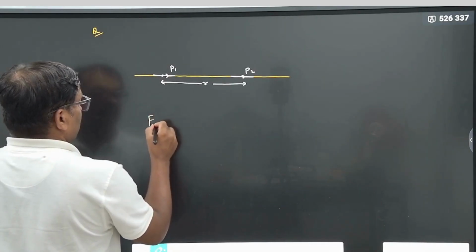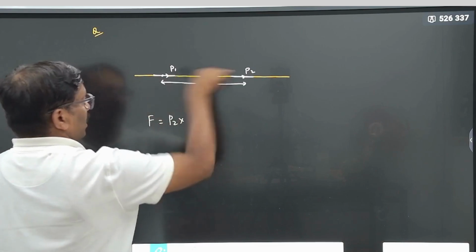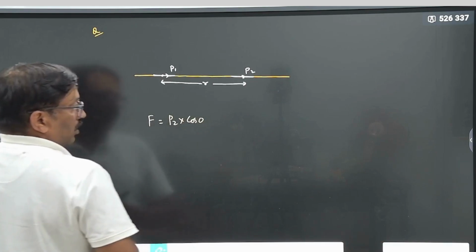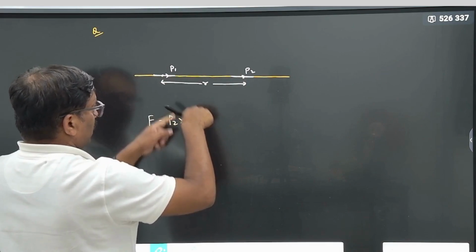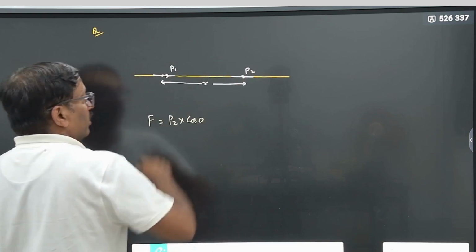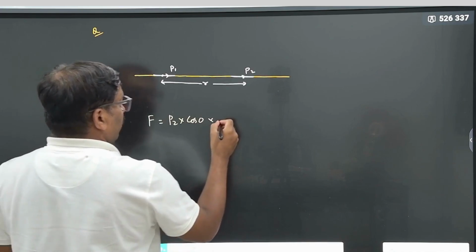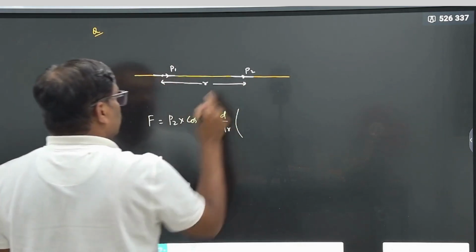Force acting on the second dipole will be equal to this dipole moment P2 cos 0, right. Here cos 0, now this is the dipole and this is creating the electric field at this point. That means this P1 is creating the electric field, so electric field due to this P1, d by dr. How much?